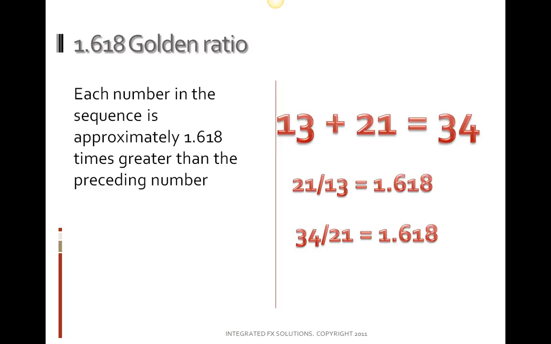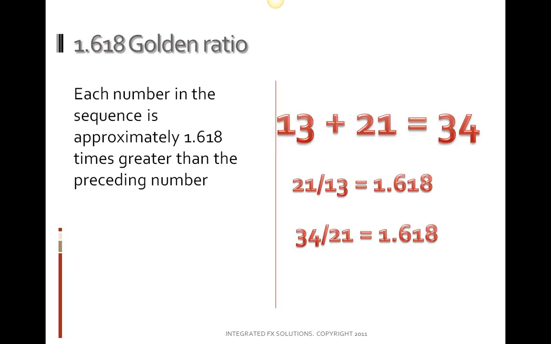1.618 golden ratio. Each number in the sequence is approximately 1.618 greater than the preceding number. Now, picking 13, 21 and 34. Now 21 divided by 13 will give 1.618. Interesting. 34 divided by 21 will give 1.618.